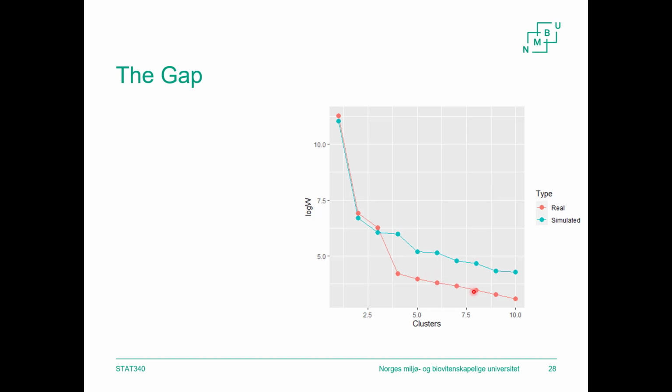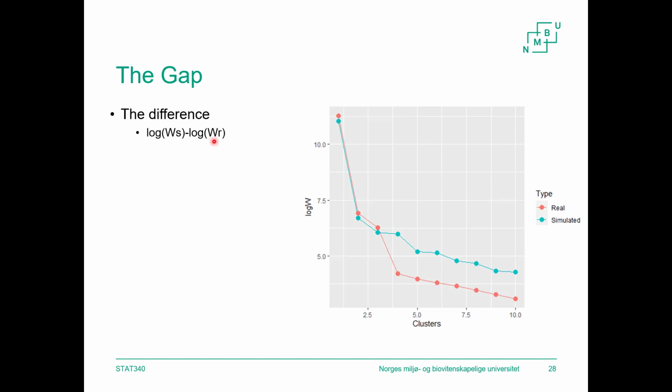Can you see that? Because splitting even further now does not give us more than this steady decay in both cases. And the gap is actually the difference between the blue and the red curve here now.